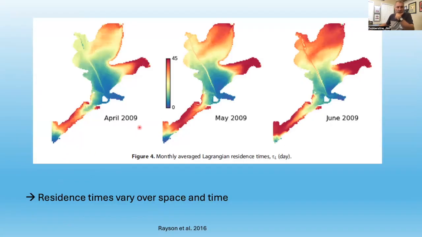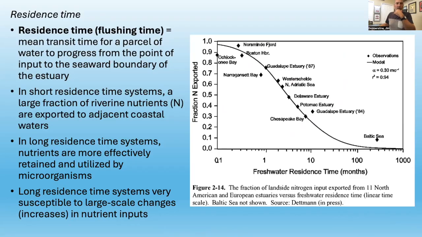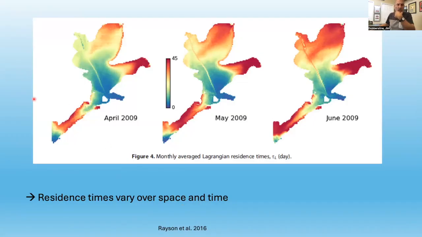So let's look at an example of different residence times here. These are Lagrangian residence times. I'm sure I'm pronouncing that wrong. So here you're seeing residence times over different periods of time, different months, right?